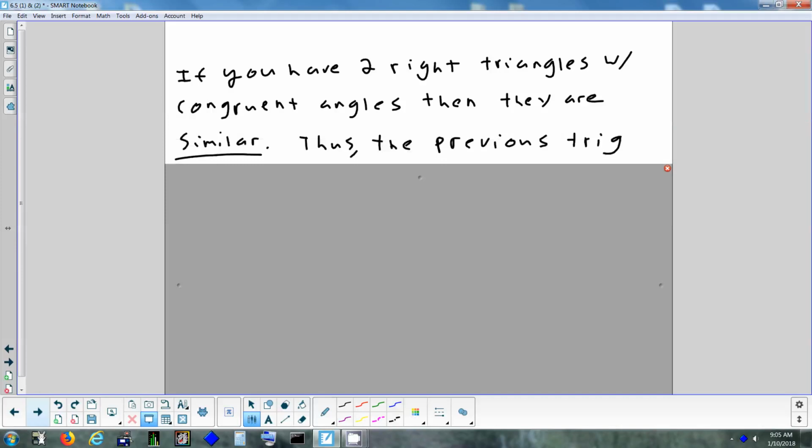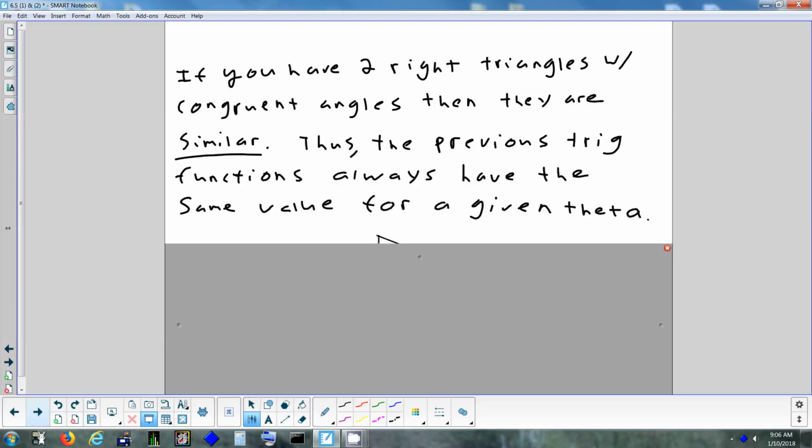They could be different sizes, but they're proportional. Yeah, they're proportional. One is either an enlargement or a reduction of the other. It's a bigger or smaller version, but they're proportional. That's the key. So because they're proportional, if I asked you to find the sine of 60, and you sketch a triangle that's feet big, and then somebody else sketches one that's only centimeters big, you're going to get the same answer.